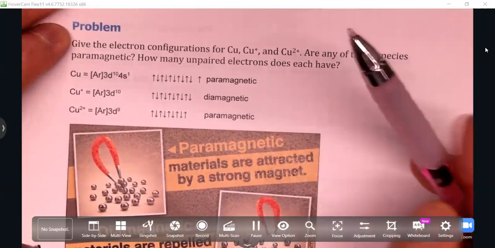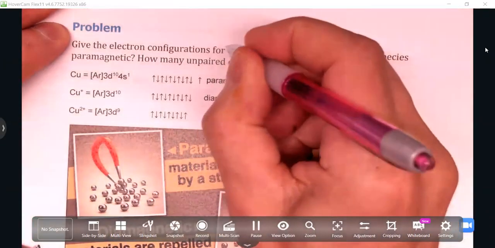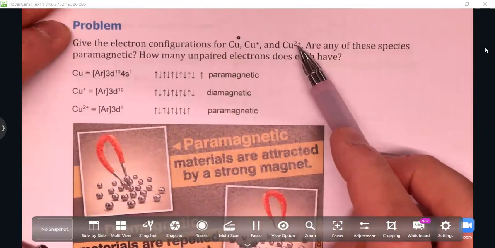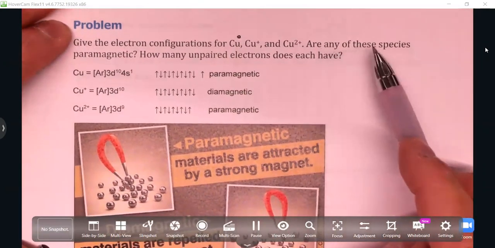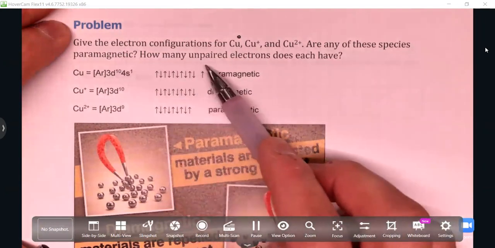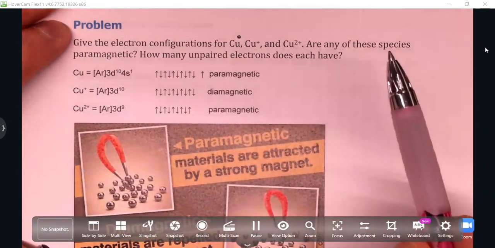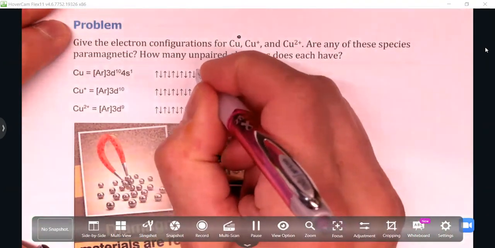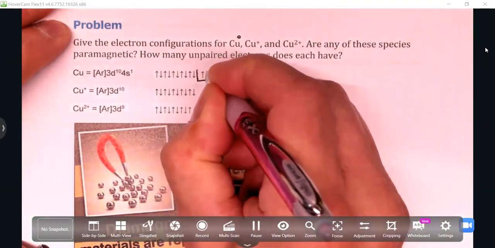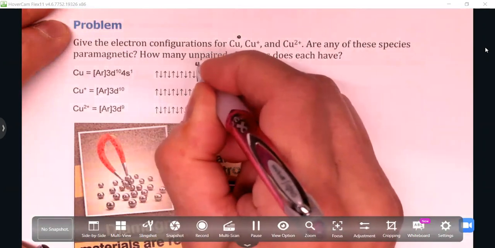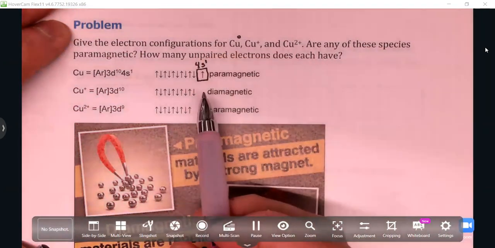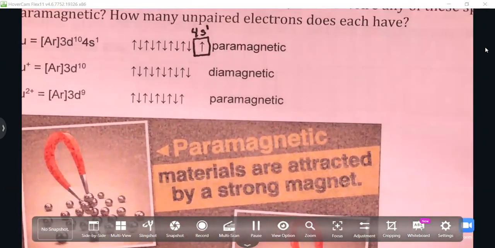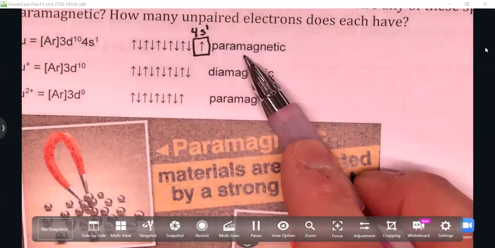So give the electron configurations for copper 0, copper +1, copper +2. Are any of these species paramagnetic? How many unpaired electrons does each have? This is my 4s1 electron, right? So that's not paired. See, I'm paramagnetic there.